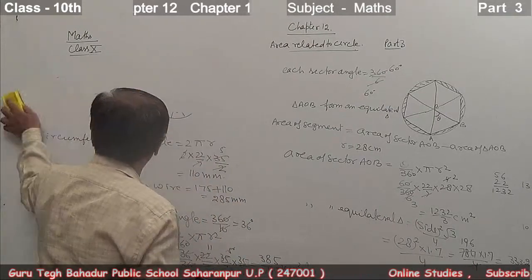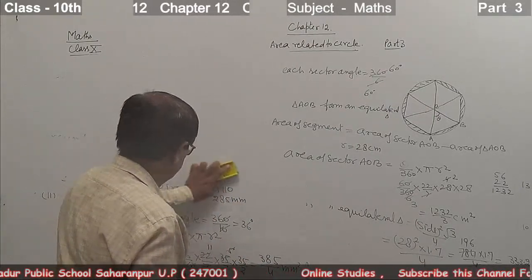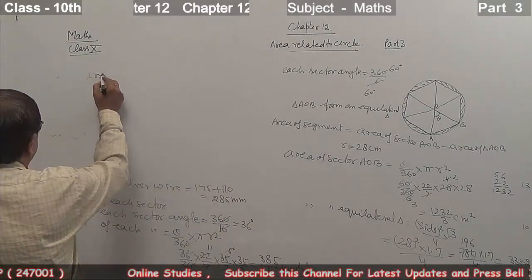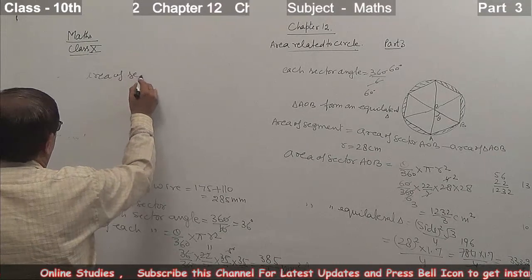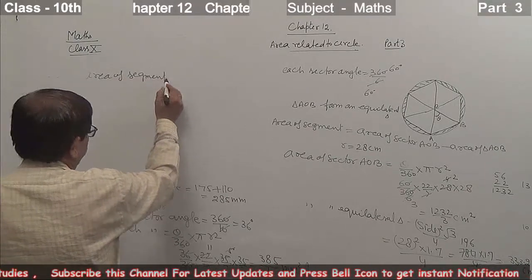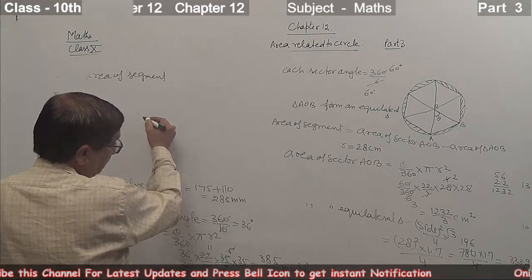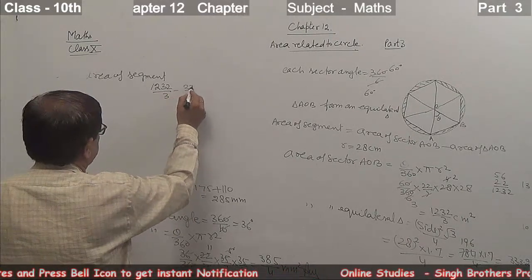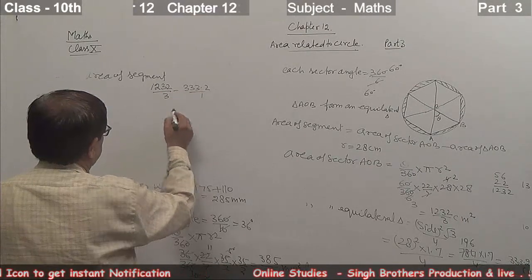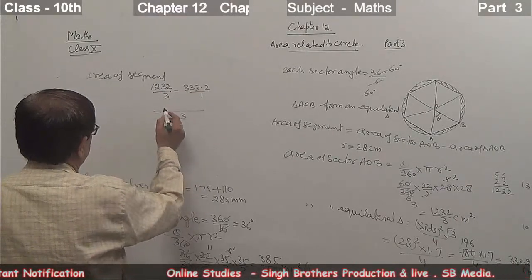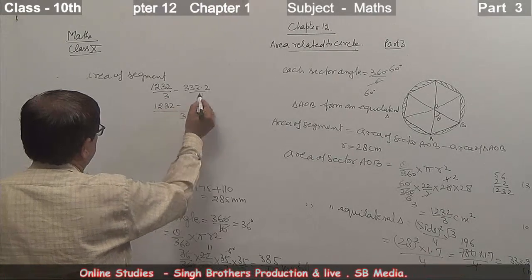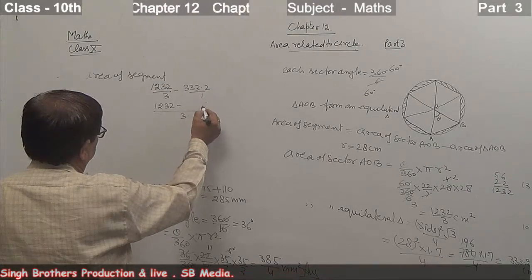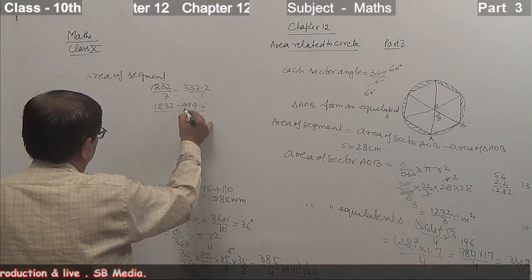Therefore, the area of the segment is 1232 upon 3 minus 333.2. 3 is the LCM. 1232, minus 3 multiplied by 333.2, which is 999.6.